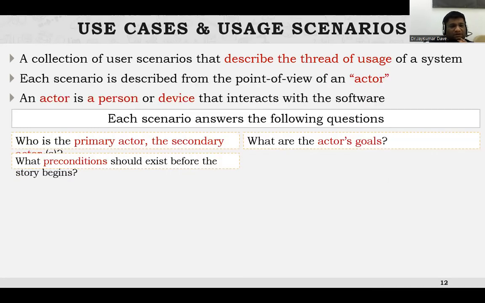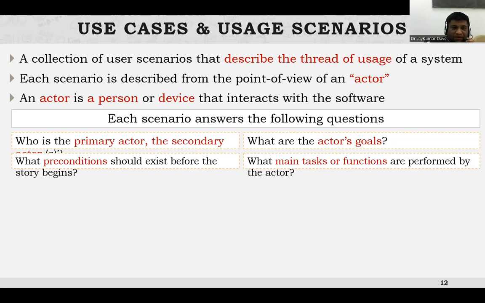We are going to understand, dear students, what the various types of use case are and what the usage scenario is. We can say it is a collection of user scenarios that describe the thread of usage of the system, which means all the potential and different functionality or usage possibilities from the perspective of different types of users have to be accommodated.